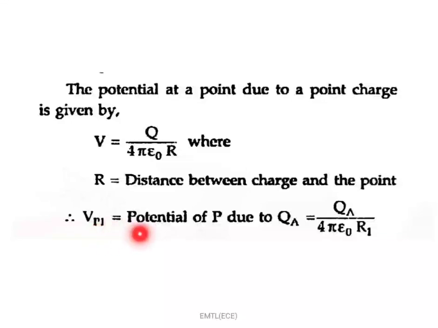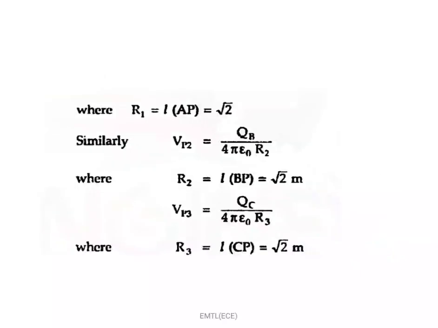First we have to take the potential due to charge QA, that is represented by VP1. So this is equal to QA by 4 pi epsilon naught R1. Now we have to find that value. So R1 value is equal to root 2.